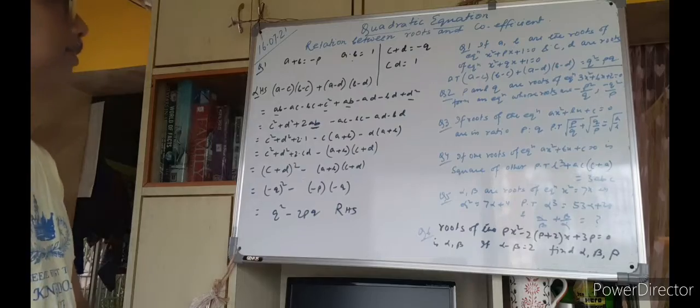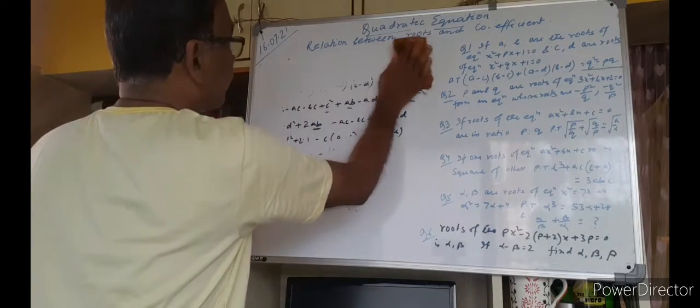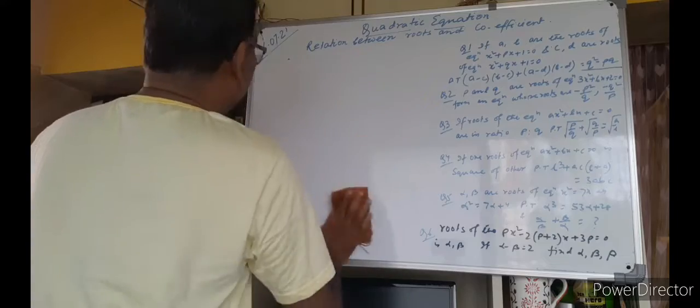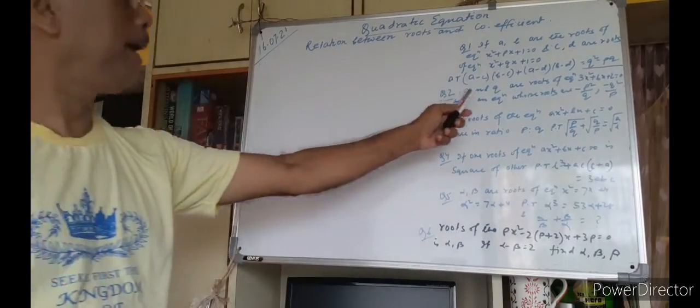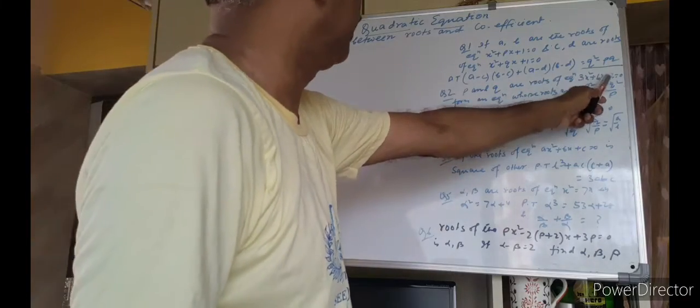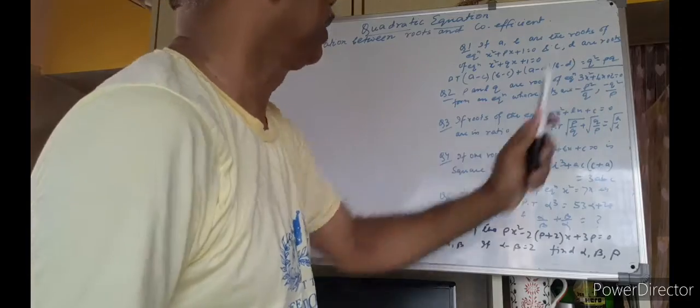Okay, next sum number 2. Question number 2: p and q are the roots of the equation. Form an equation whose roots are these.